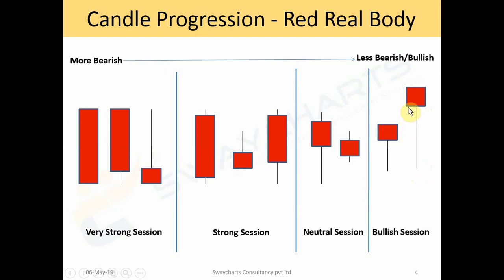That's why these are the bullish signals or bullish candles for the market. And that's why, though they are red in color, and we know that red is bearish, these candles are called a bullish session for us in the market, right?